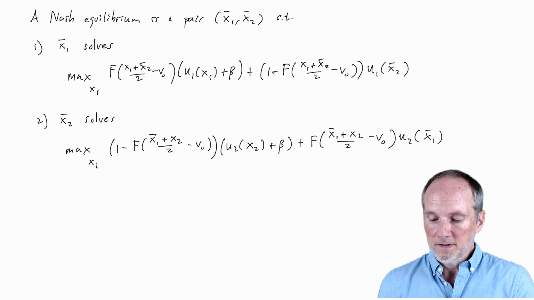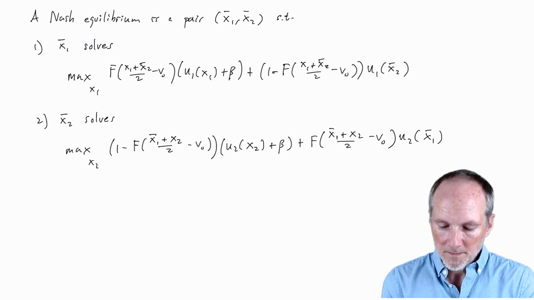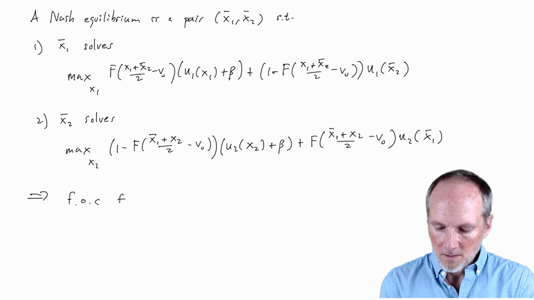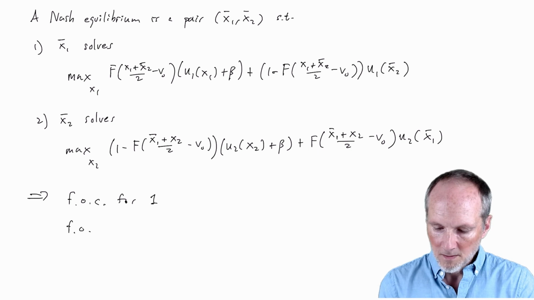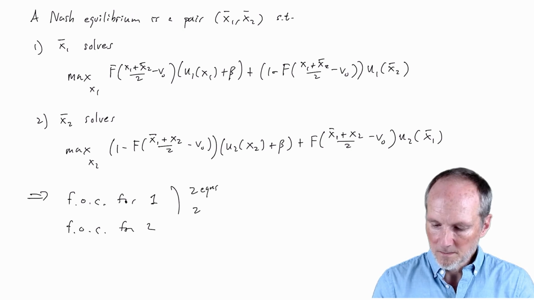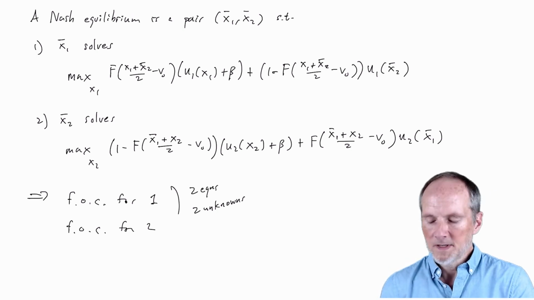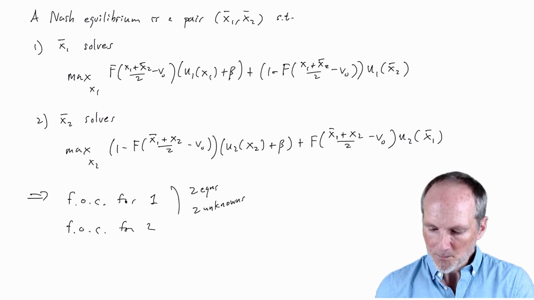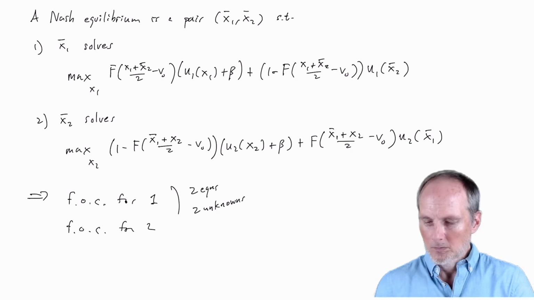The way we would solve that, at least the first order approach, would be to calculate a first order condition for politician 1 and a first order condition for politician 2, and that would give us a system of 2 equations and 2 unknowns. That's just what we did in the public good provision model.